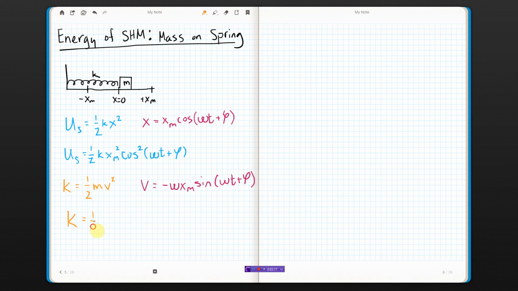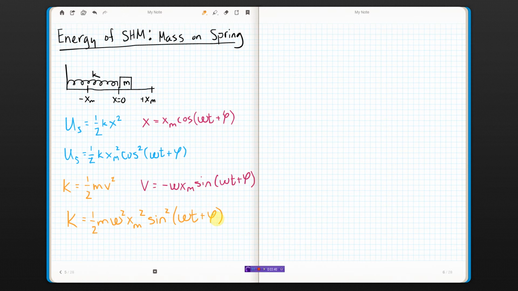I get 1/2 m, with these out in front. Notice the negative gets squared, so the negative is going to go away. So we get omega squared, xm squared, and the sine needs to be squared as well.